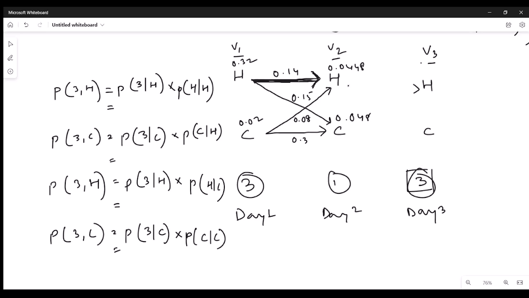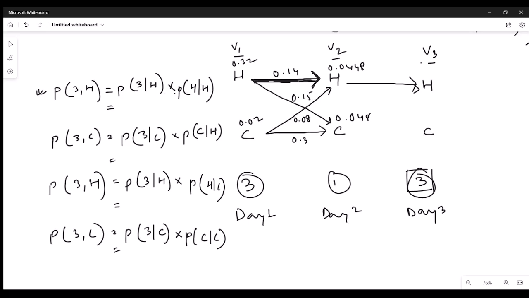Here the day 2 weather was hot and day 3 weather being hot, and the observable item is 3, gives the probability as P of 3|H, which is P of ice cream 3 such that the weather is hot, into the probability of weather being hot given that yesterday the weather was also hot.